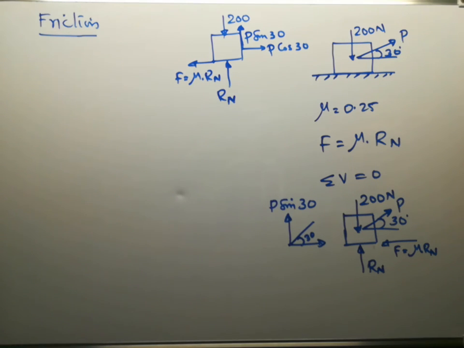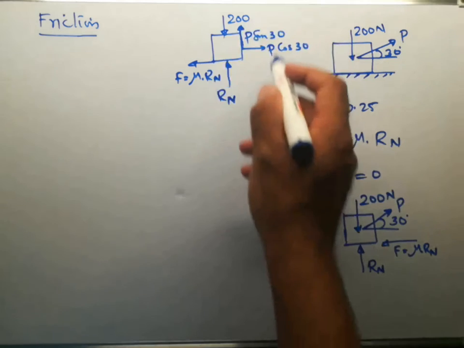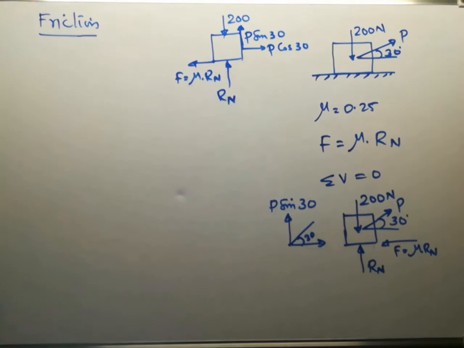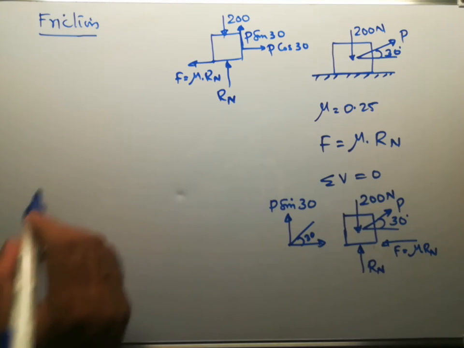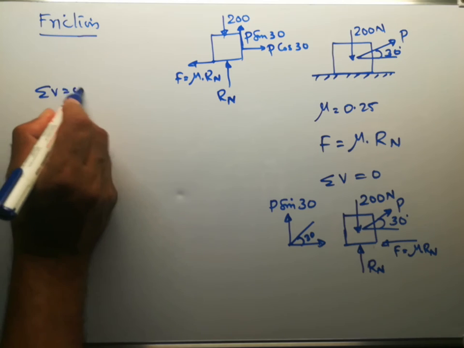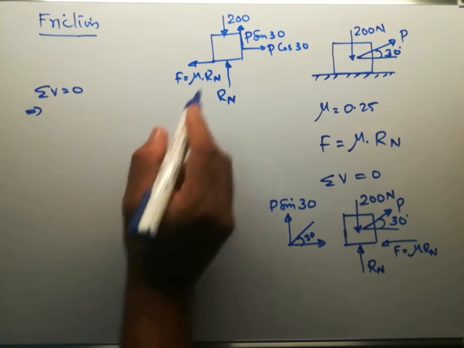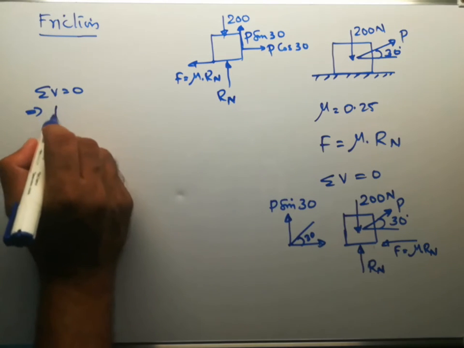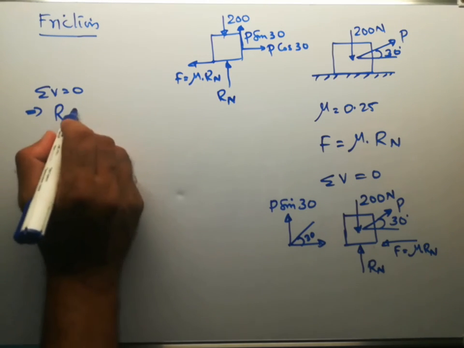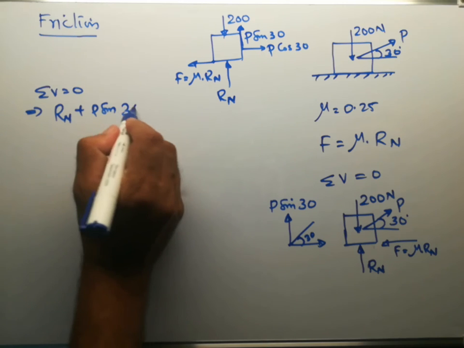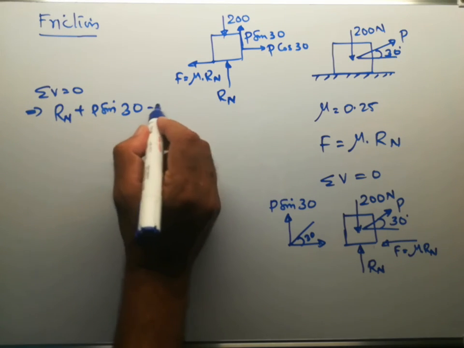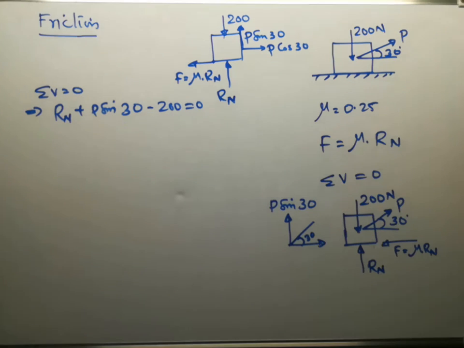So these are the forces after resolving the force P into two mutually perpendicular components. Now we will apply sigma V equal to 0. So sigma V equal to 0 gives Rn is upwards, taken as positive, plus P sin 30 is also taken as positive, minus 200 equal to 0. Rn plus P sin 30 minus 200 equal to 0.